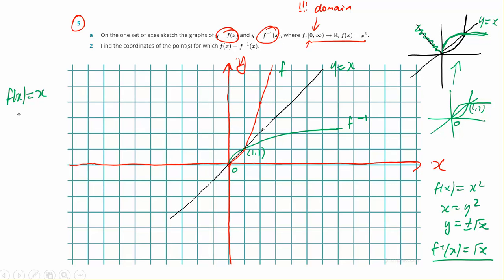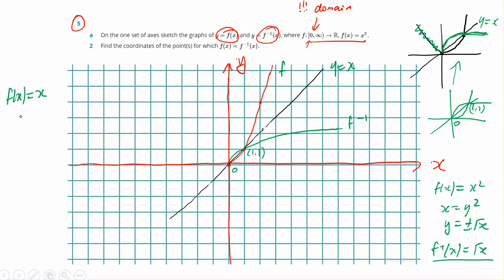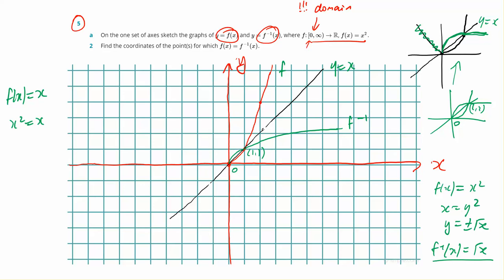So rearrange. We've got x squared equals x, because f of x equals x squared. Now you move the x's to one side and factorize.